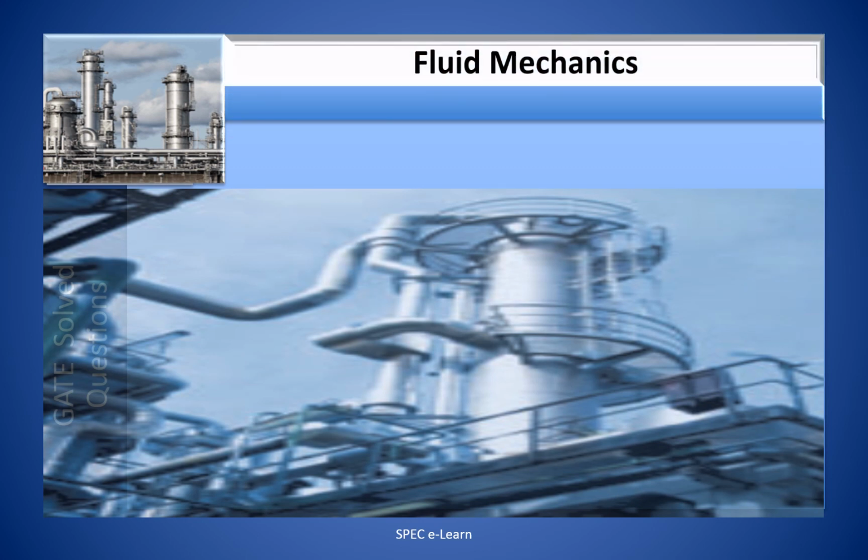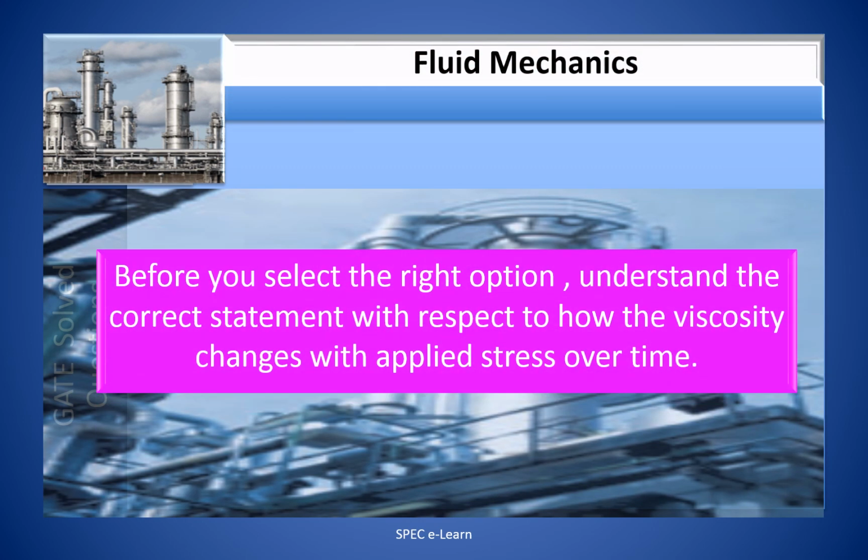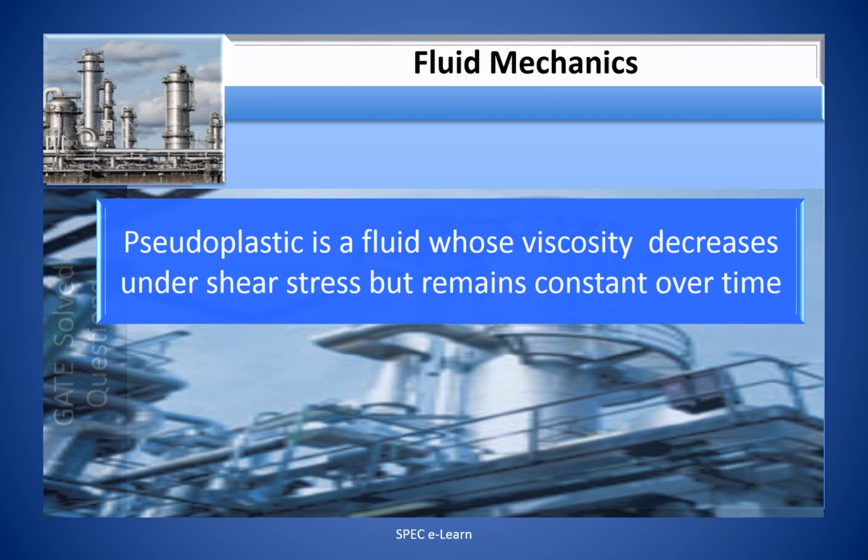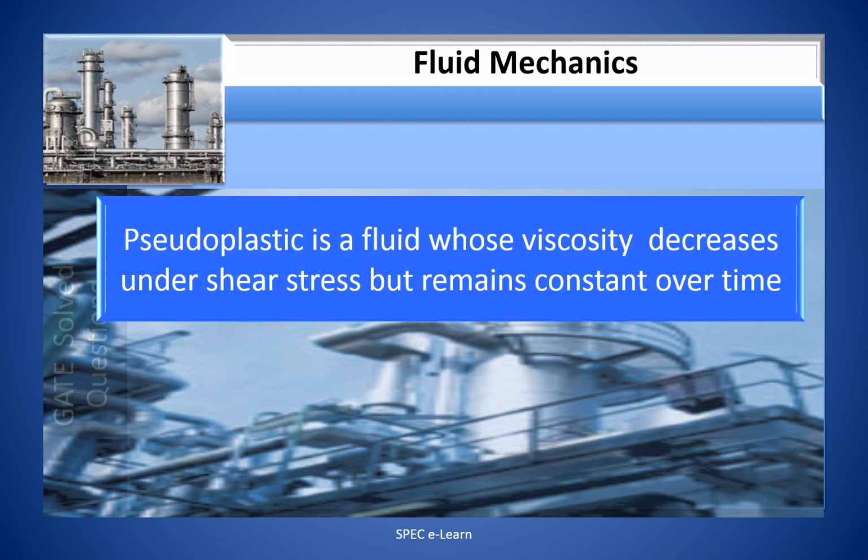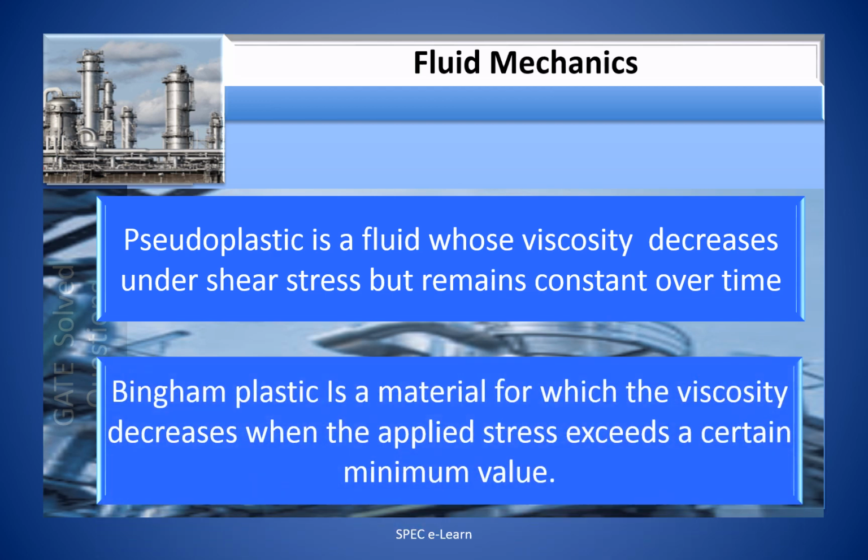Before you select the right option, understand the correct statement with respect to how the viscosity changes with applied stress over time. Pseudoplastic is a fluid whose viscosity decreases under shear stress but remains constant over time. Bingham plastic is a material for which the viscosity decreases when the applied stress exceeds a certain minimum value.